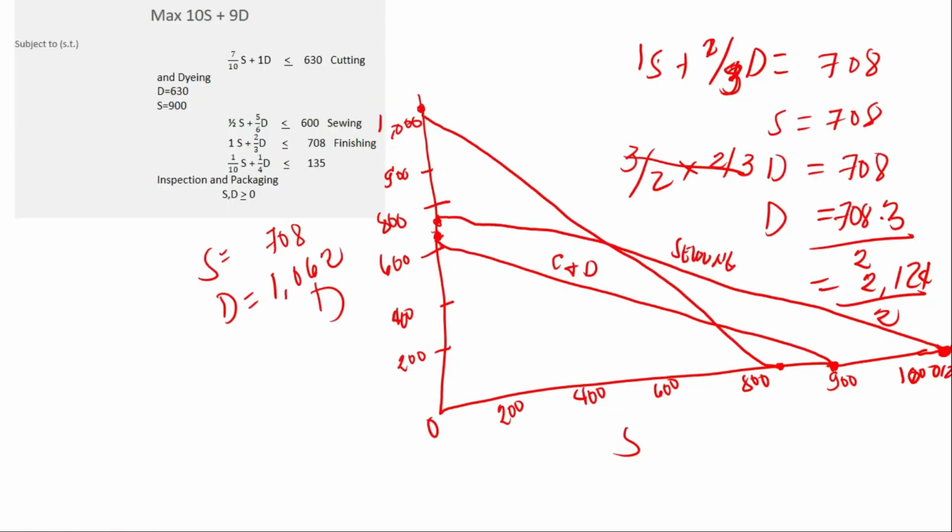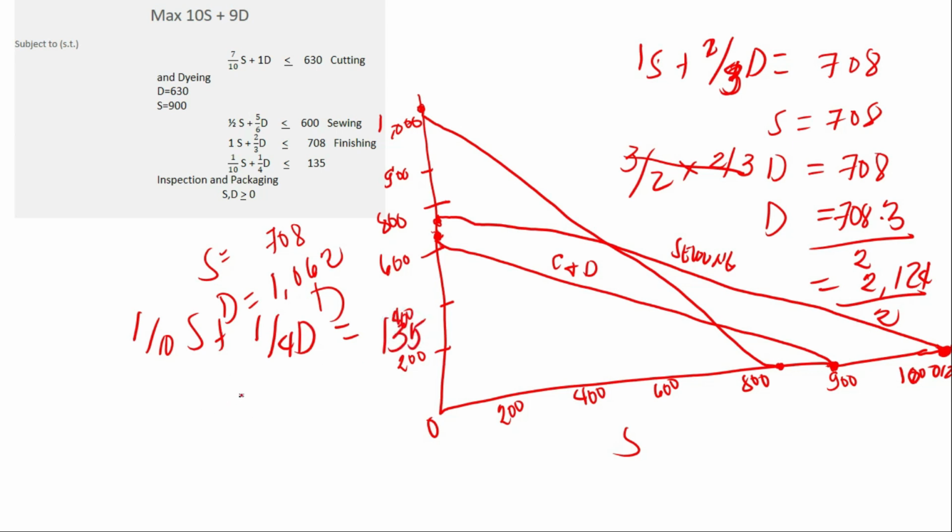Okay, so for the fourth constraint, we have the inspection and packaging. The model for the constraint inspection and packaging is 1/10 S plus 1/4 D, and it should always be less than or equal to 135.